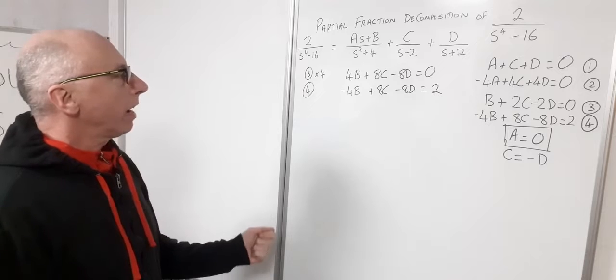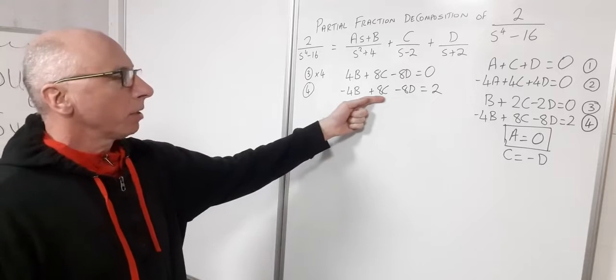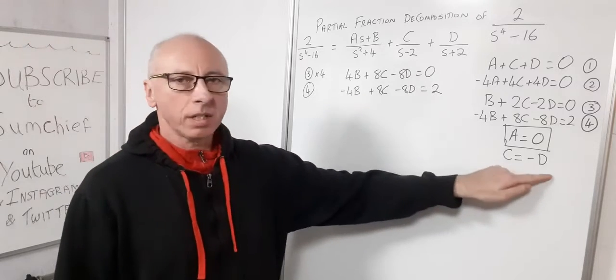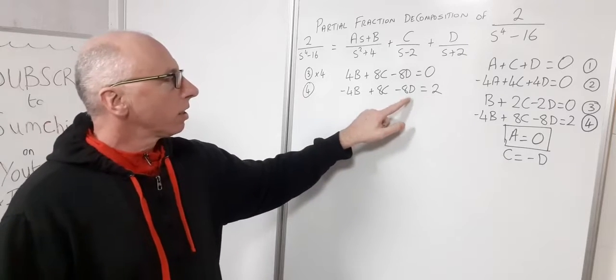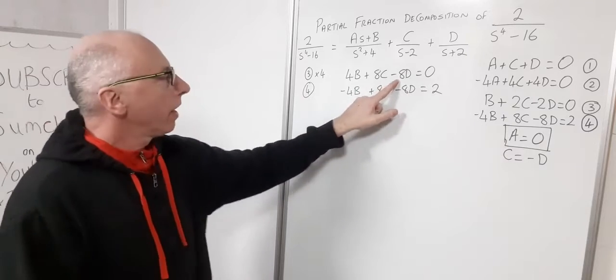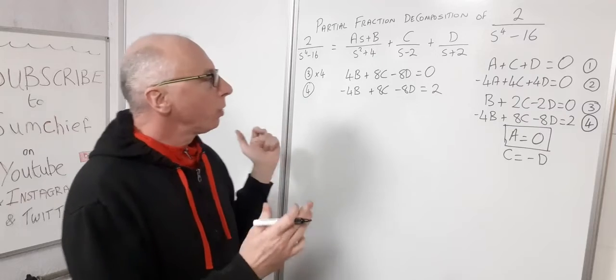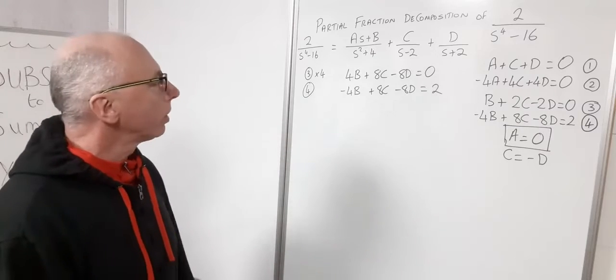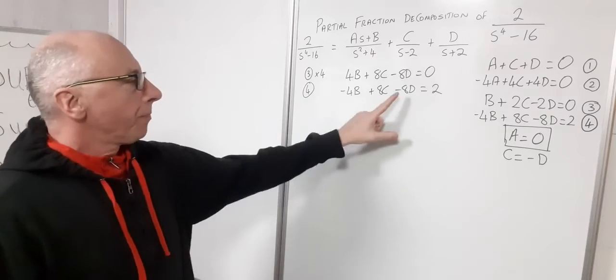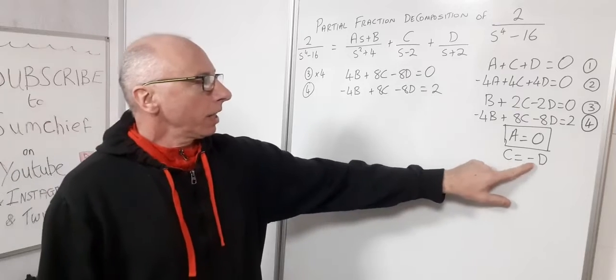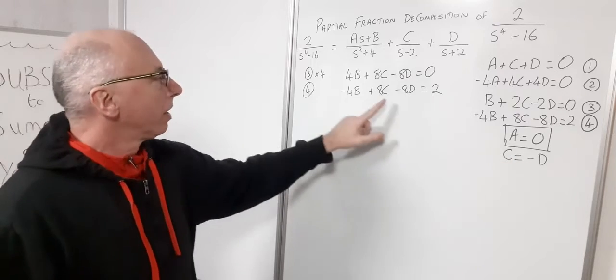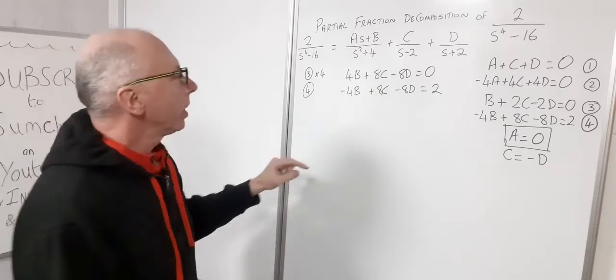Now what I can do is, maybe I can plug in a value for my c or my d into here to make one of these go away. Then I'm going to be left with two variables which I can solve with a simultaneous equation. So let's do that. Minus d is the same as c, so let's plug that in for both of these.